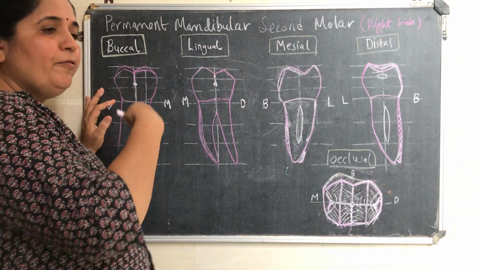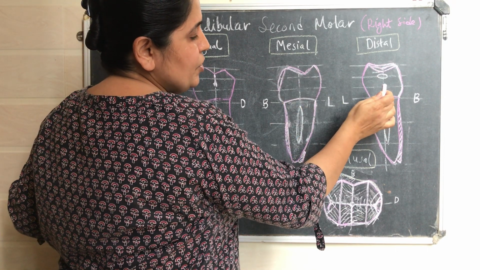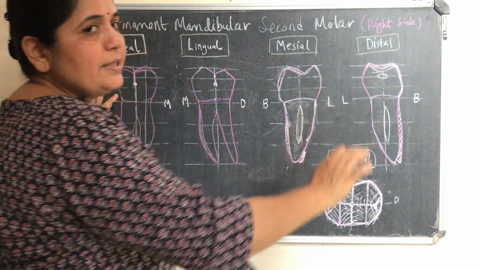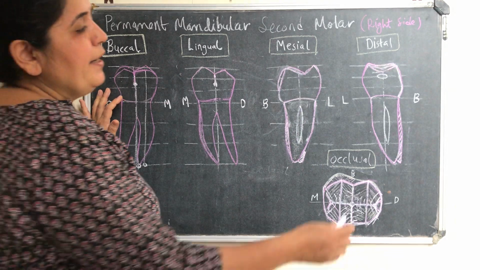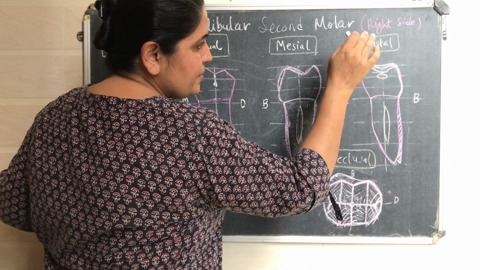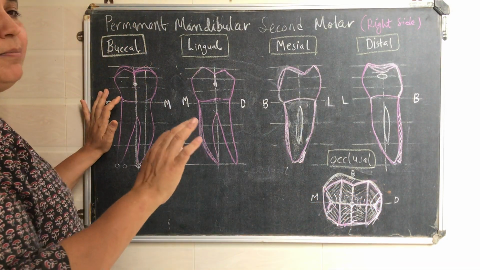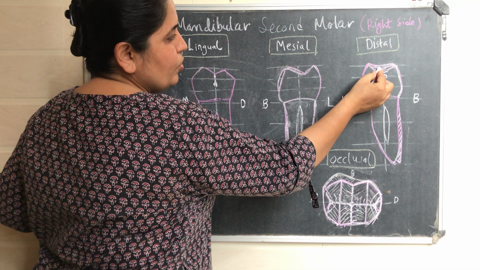As you go from first molar to third molar, when you see the crown from the distal side, more of the occlusal surface is visible, right? And the distal marginal ridge is placed more cervically. The distal marginal ridge in the first molar is placed more occlusally.